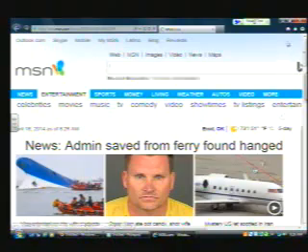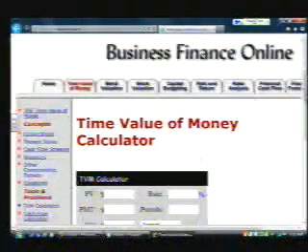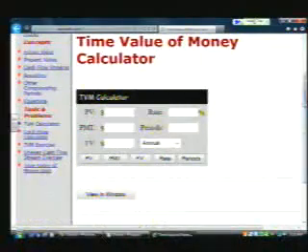So we could probably go to the time value money calculator, and we just click right here on the time value money calculator, and we'll figure out what the payment is for a $10,000 car loan, paying it off for 3 years. Oh, and let's say, since it sounds like a used car, they're probably going to charge you maybe 5-6% interest, something like that, okay? If you have good credit.